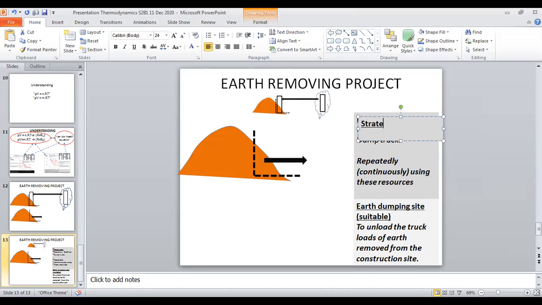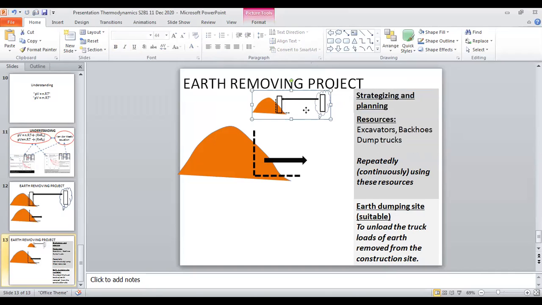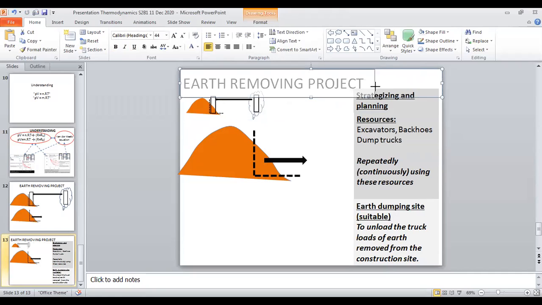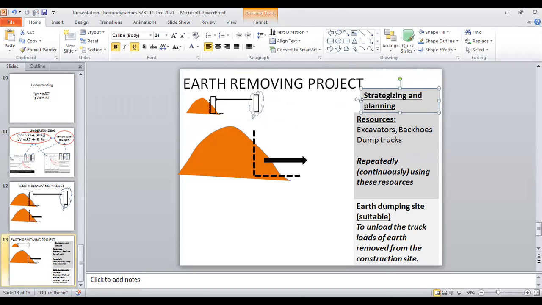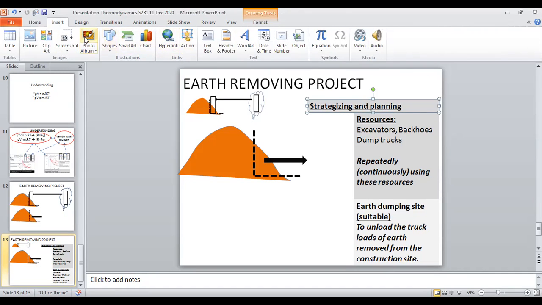Strategizing or planning, this is very important because when you use resources, it is very important to use the resources in very optimal ways so that you are not wasting or over consuming them. So you have to plan this very well.